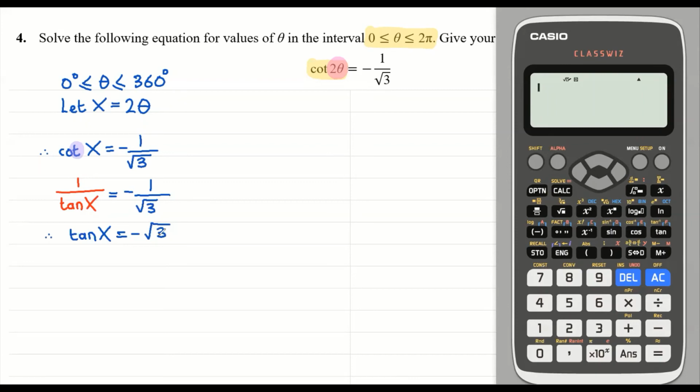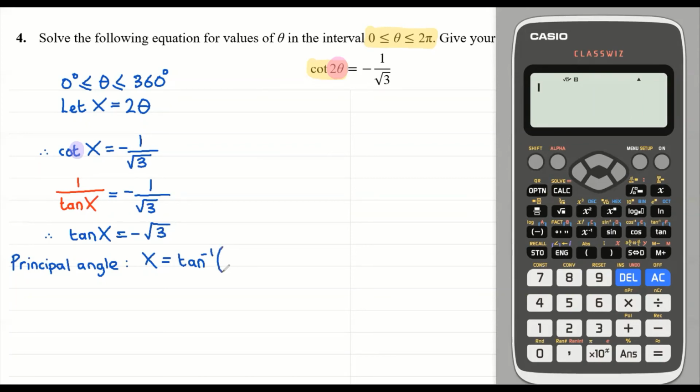Okay, so now we're ready to find our principal angle. So I'll write this out. Big X is going to be the inverse tan. And there's something really important we need to remember at this stage.